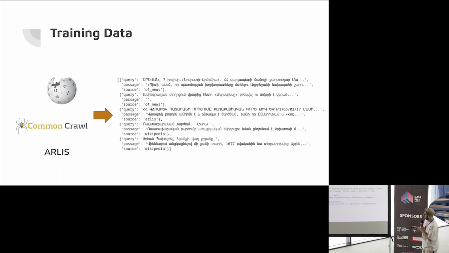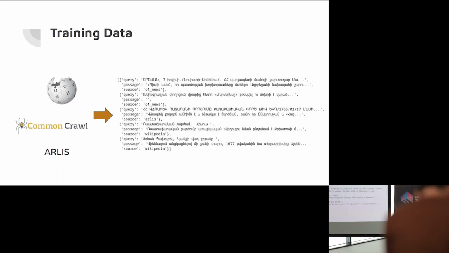The public ones are Wikipedia, Common Crawl, and also RLIS, which is for government documents. For Common Crawl, we actually use a different version called C4, which is just a cleaned version of Common Crawl. From Common Crawl, we took only the news dataset, as we were having some overlaps with Wikipedia and RLIS.